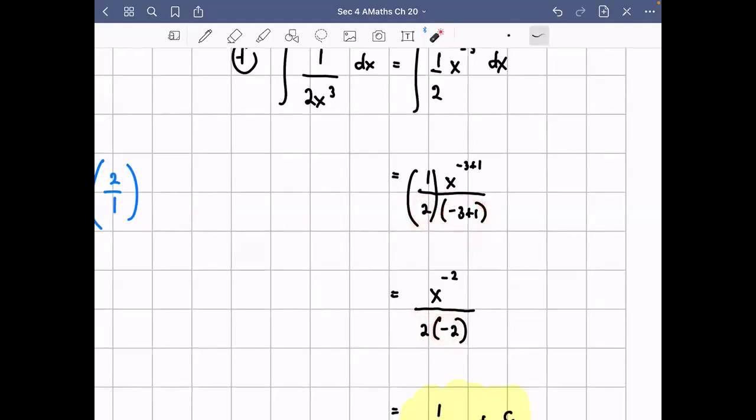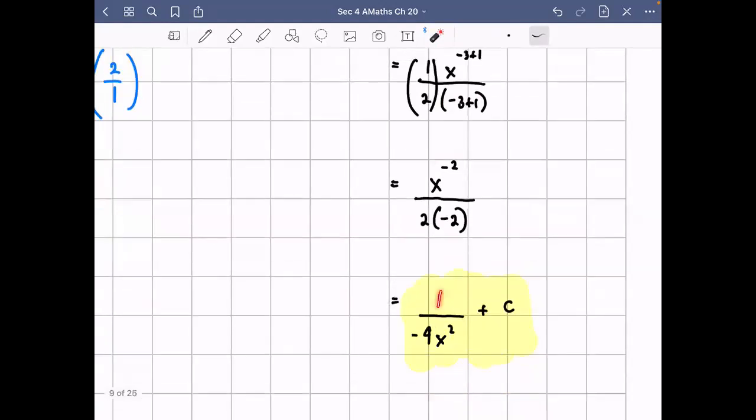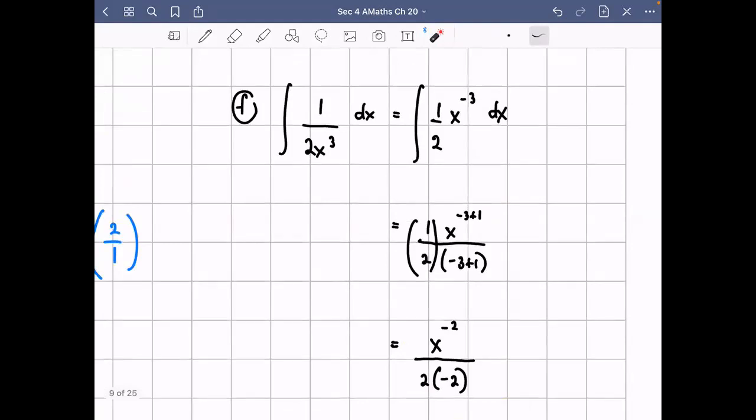That's why your final answer is 1 over negative 4, and then x raised to negative 2 becomes x squared in the denominator. And then plus c. So that is your answer for letter F.